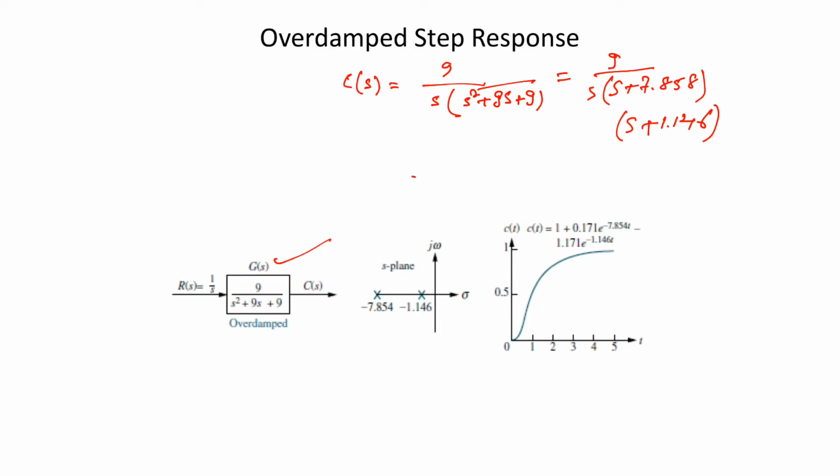So these are the two roots that can be obtained. This is the transfer function, and this is the step response of the system, that is C(s).